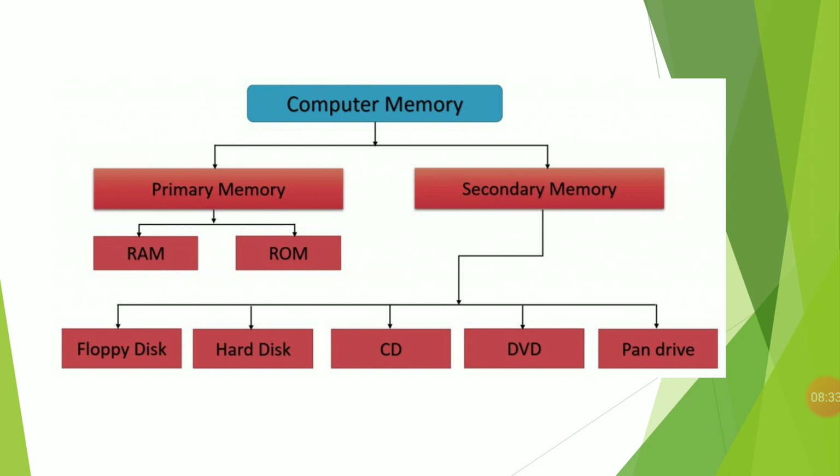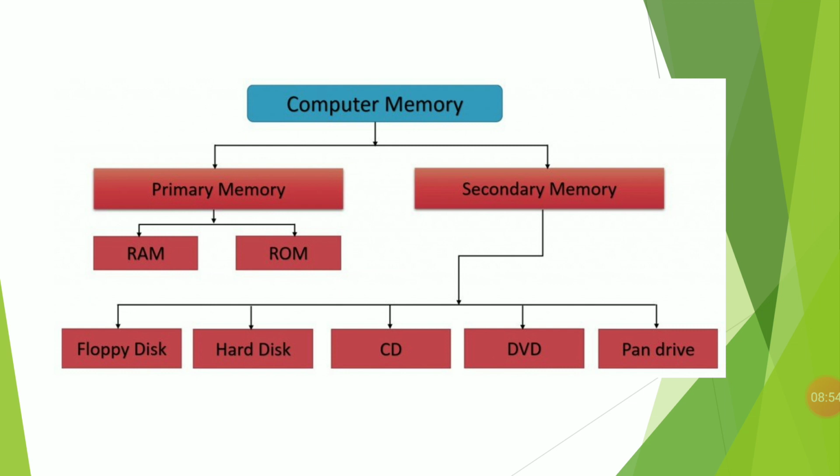Therefore, data has to be stored separately in secondary storage to make it permanent and accessible for a long duration. It is important to manage it from time to time.